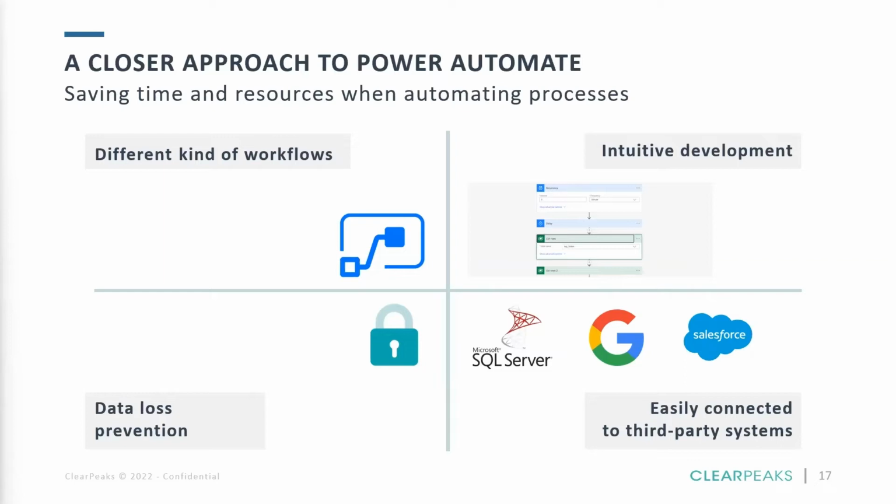The development of the flow is very intuitive with almost no code again, and you can set up triggers and actions to control what's happening all the time. With this automated process, it can be tricky to control your data, but Power Automate offers a data loss prevention between the different connectors that, as well as with Power Apps, can be added in order to connect with third-party systems.